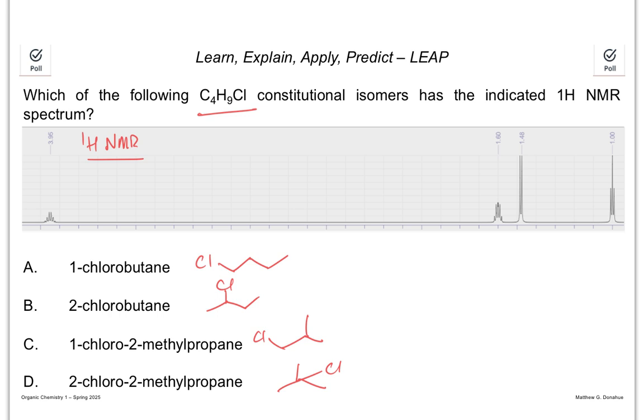So given the proton NMR, which isomer does that belong to? I don't think so. A would be a good approximation.